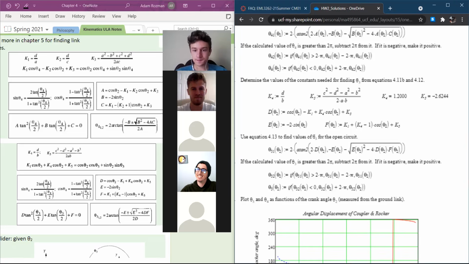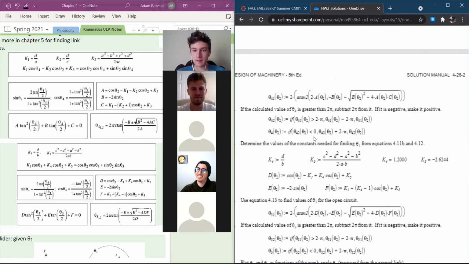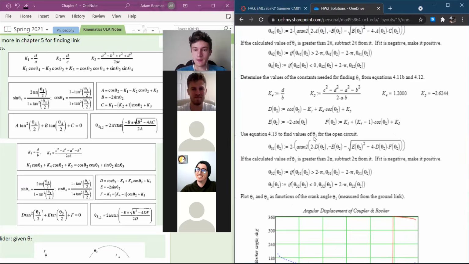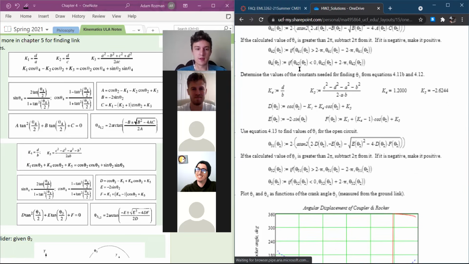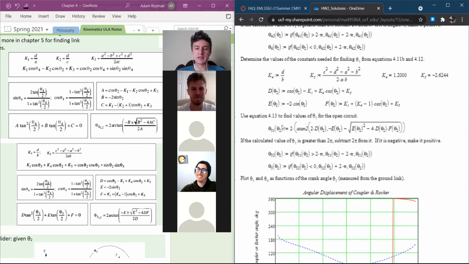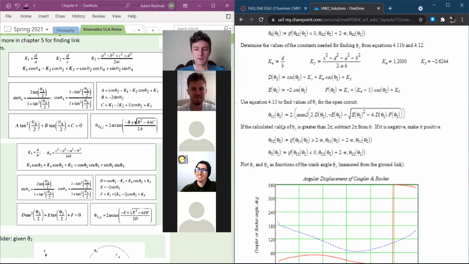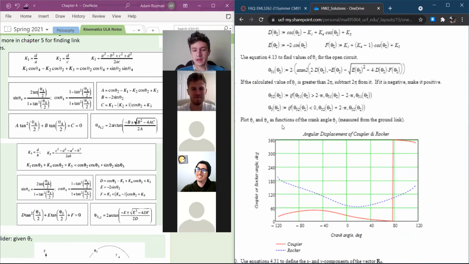Again, I think it's pretty straightforward. Maybe go through a couple more of these questions on your own, just to get familiar with your calculator and going through the steps. Otherwise, these are usually pretty simple, calculating the positions.